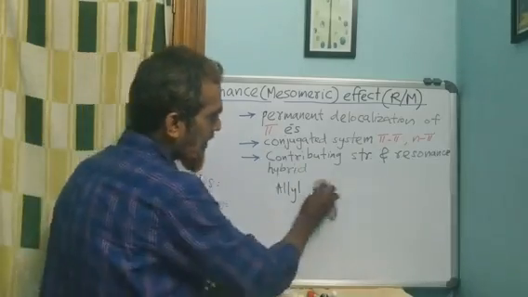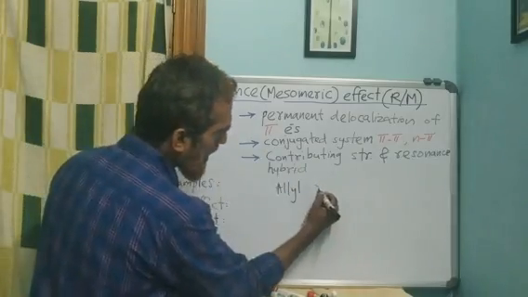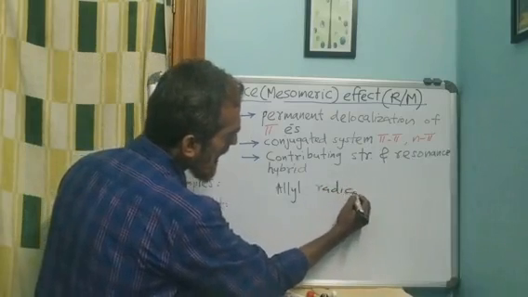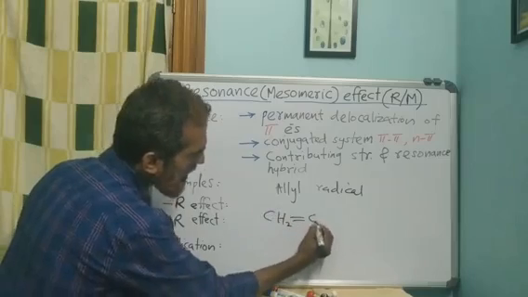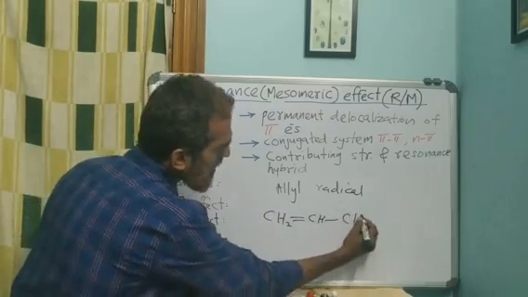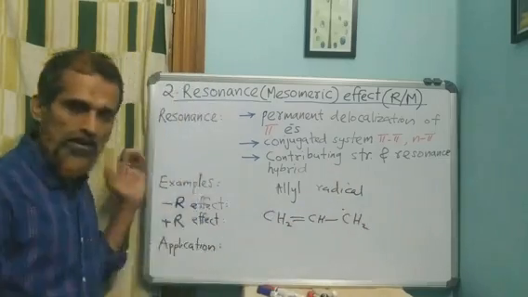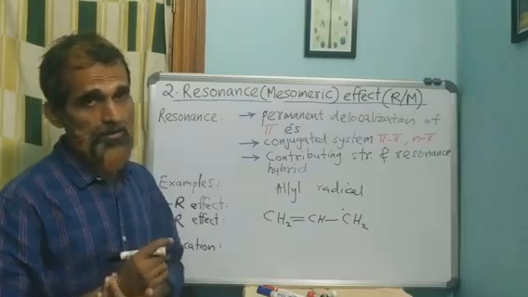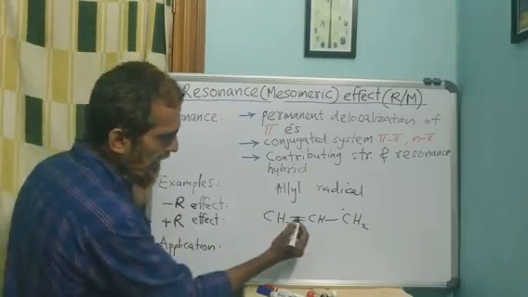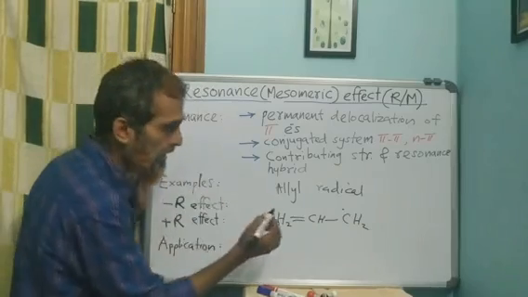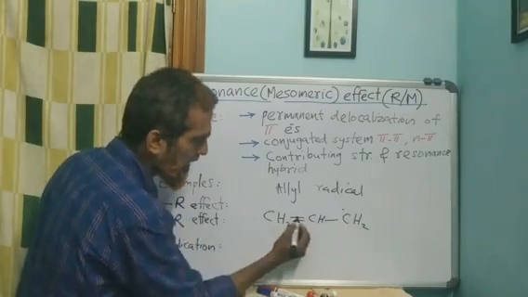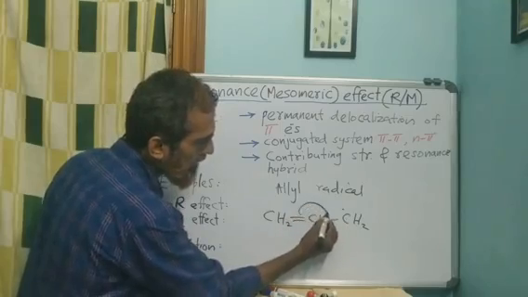There is another similar example, but it is a free radical, the allyl radical. Here also there is conjugation. CH2 double bond CH, single bond CH2 and a dot. What is this dot? An unpaired electron. That is a free radical. Here the difference is we use a half-headed arrow or fish hook because one electron is already here, so we need to shift only one electron.